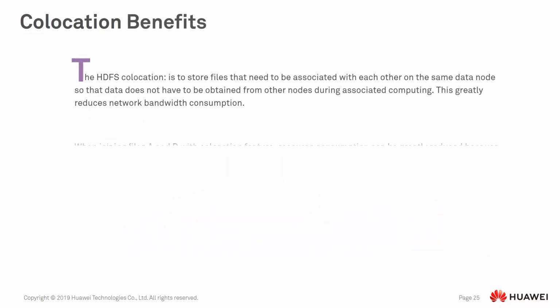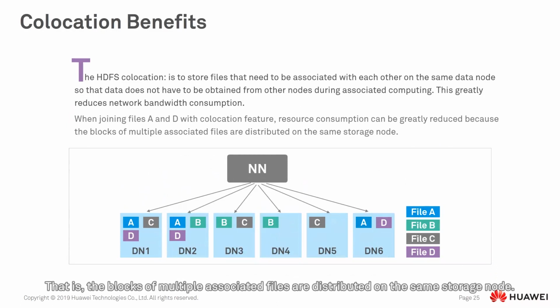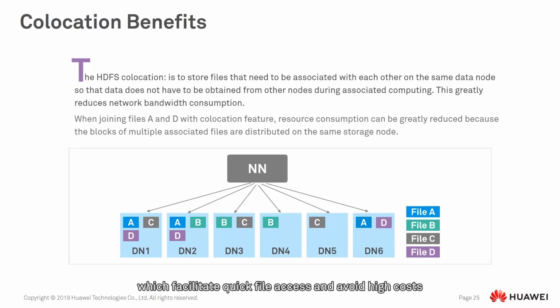So in this case, HDFS implements file-level co-location. That is, the blocks of multiple associated files are distributed on the same storage node. In this way, it facilitates quick file access and avoids high costs of data migration, greatly reducing resource consumption.